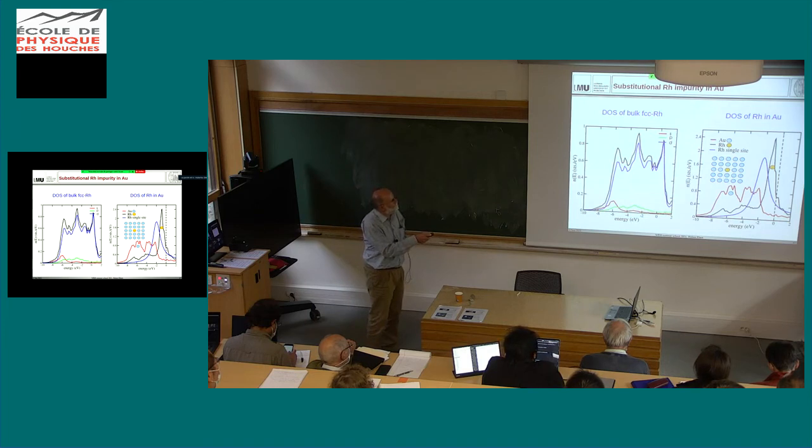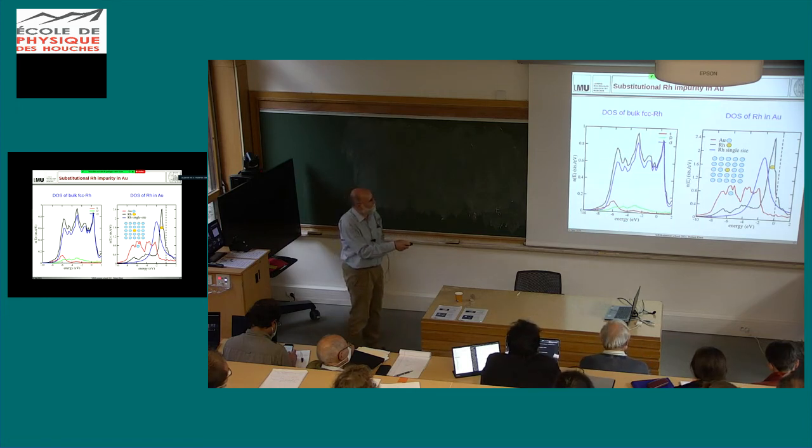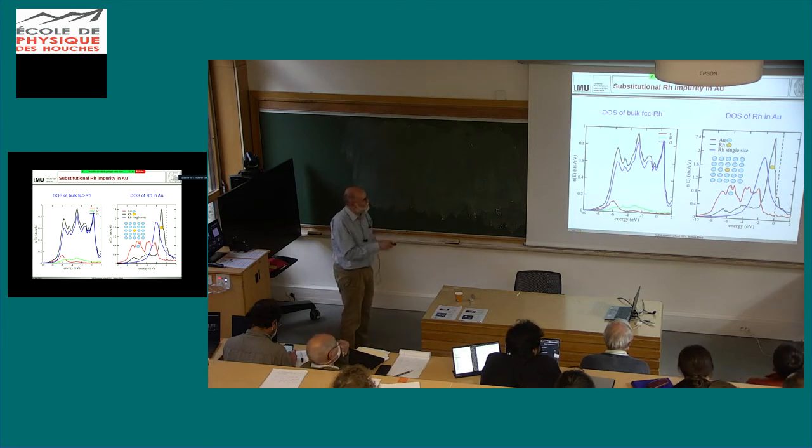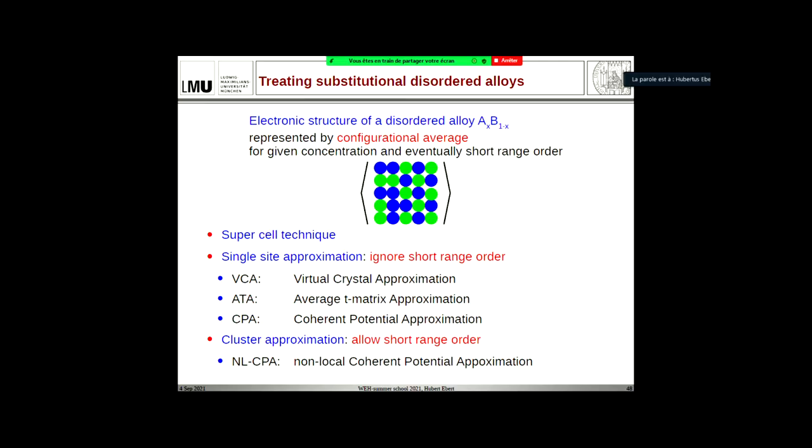Now, if you put one rhodium impurity in gold, then you get this curve here. Obviously, it differs already quite pronouncedly from the isolated atom in a free electron sea, because of the hybridization with the host. And this is now what you would have to use if you want to calculate X-ray emission or X-ray absorption and so on. So this is your element-specific and site-projected property of that impurity in that host.